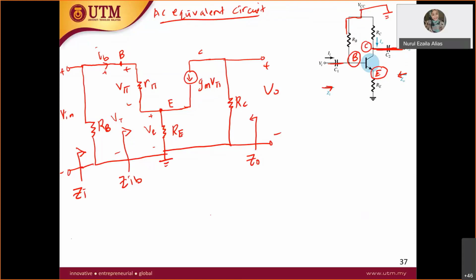So V total is equal to V pi plus VE. V pi is equal to IB R pi, because the current IB flows through R pi. But at VE you have IE RE. Do you still remember IE in terms of IB? Can someone say what IE in terms of IB is equal to?